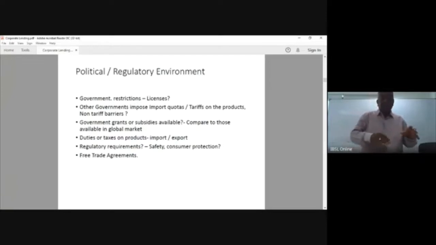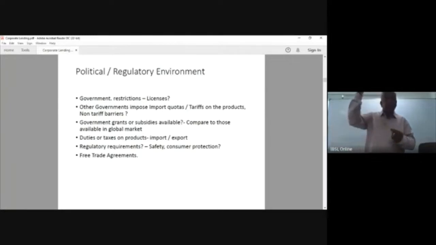Then, government grants or subsidies available. In our country, for certain industries, whether any subsidies are available, whether the government is giving any grants. If the government is promoting that industry by giving subsidies or grants, it is beneficial for that industry. You have to analyze that.